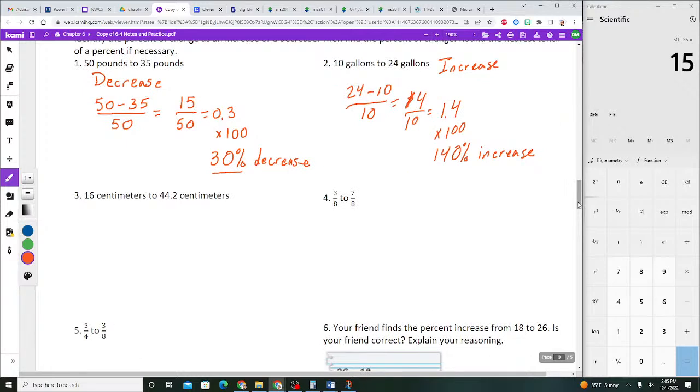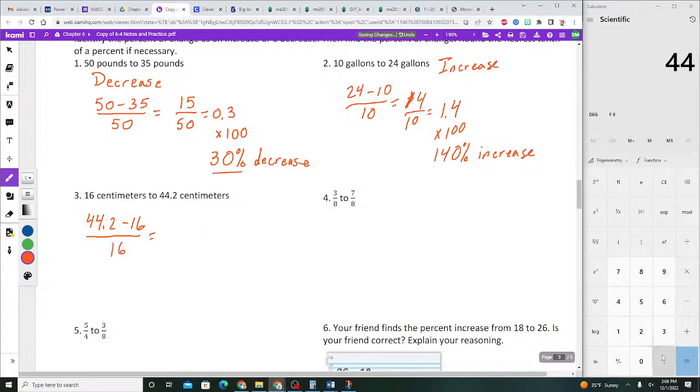Next one, we're going from 16 centimeters to 44.2 centimeters. That's an increase. So 44.2 minus 16 divided by 44.2. Not 44.2. What am I doing? No, silly me. We started at 16.